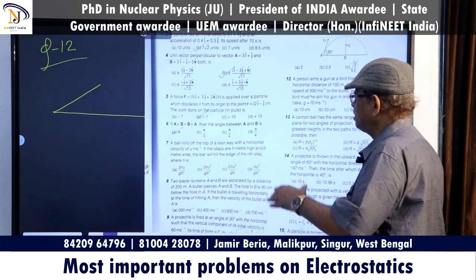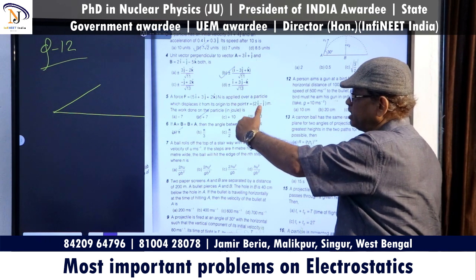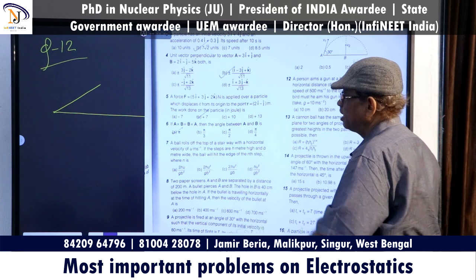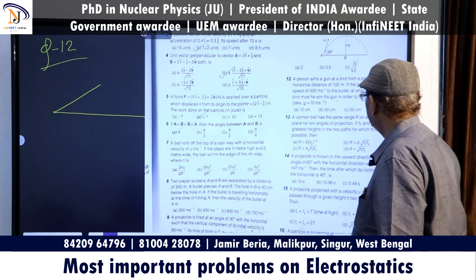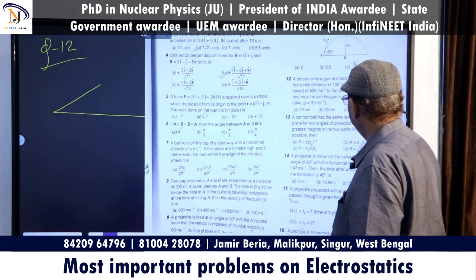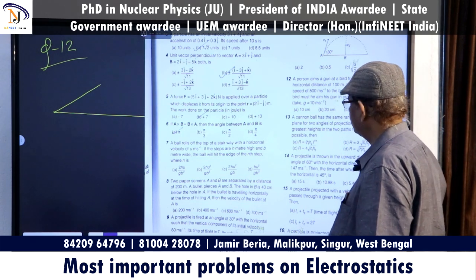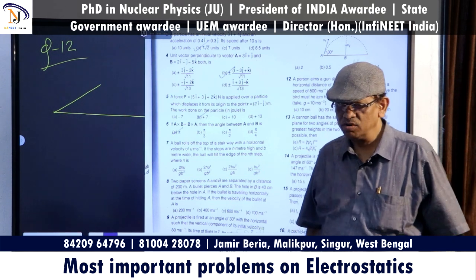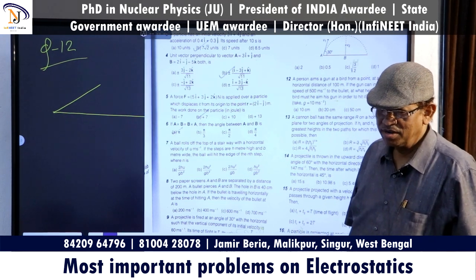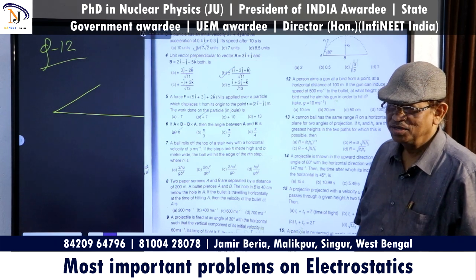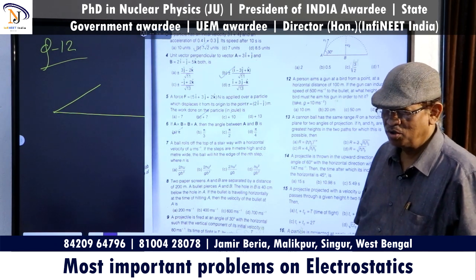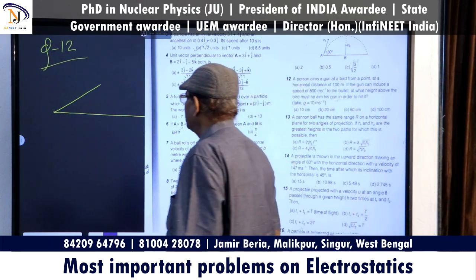Above the bird, where the bird is, at what height above the bird must he aim his gun in order to hit it? Is it tough at all? Do you know how to solve it? Yes, you have to know it.